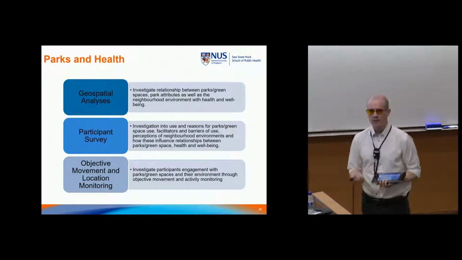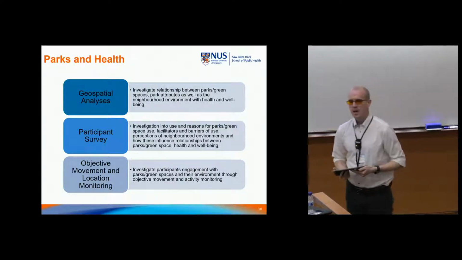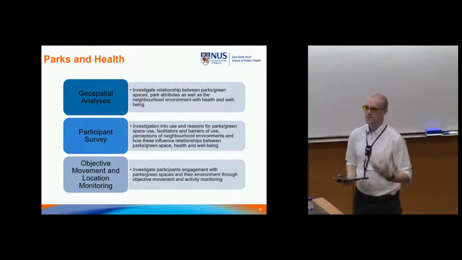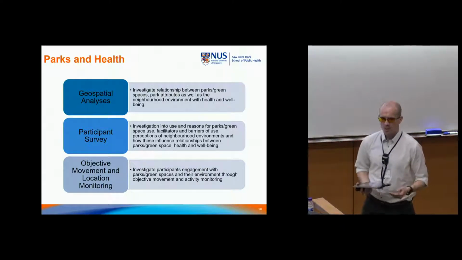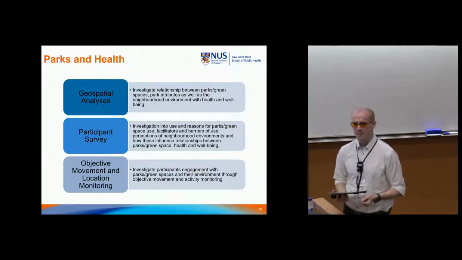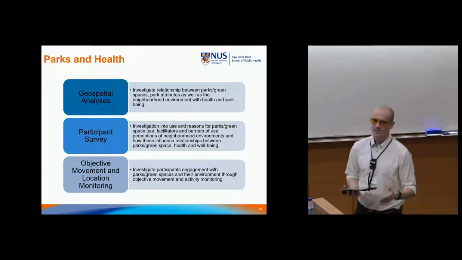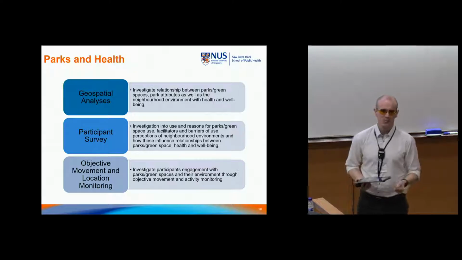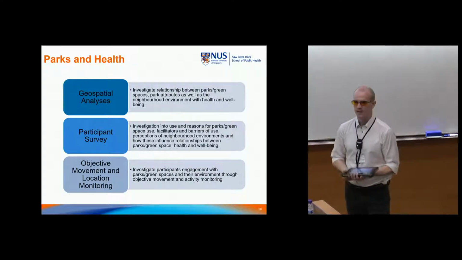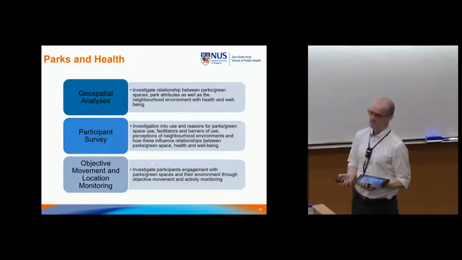The second work package is trying to understand how people perceive and engage with the environment. For that, we are conducting surveys among participants and trying to understand how frequently they engage with parks and green spaces, under what circumstances, what the barriers are, what the facilitators are, and who they are doing this with, and a number of other questions.